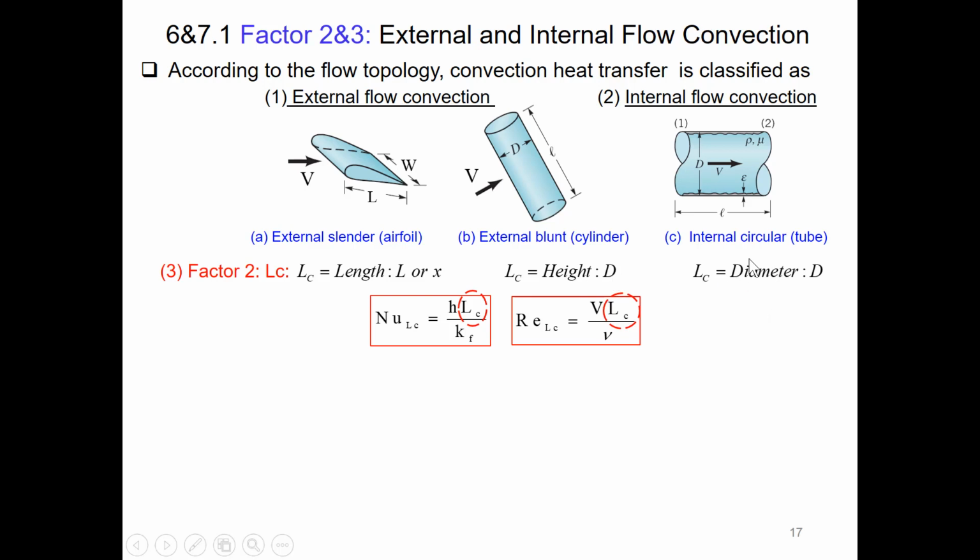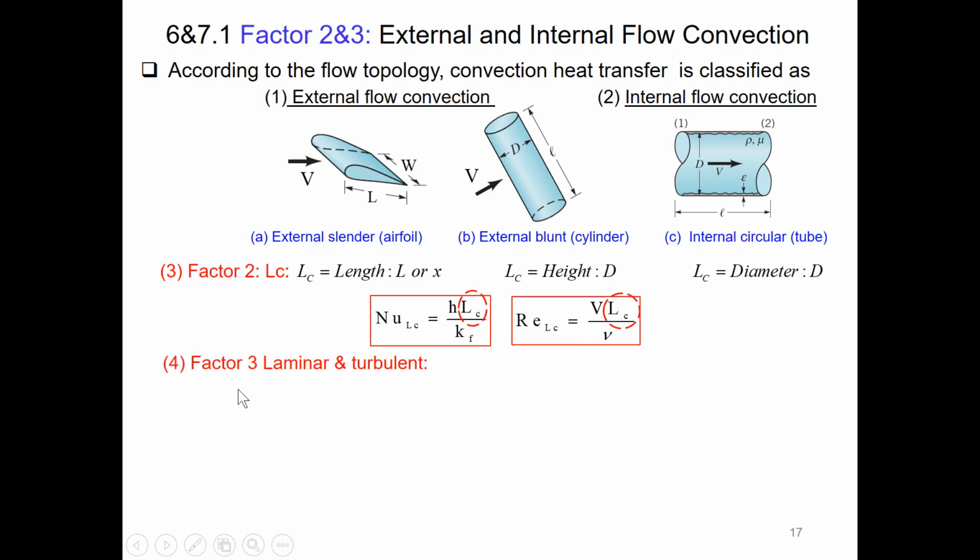For internal circular tube, we use the diameter. As a result, when you define Nusselt number and Reynolds number, you must use corresponding characteristic lengths LC for each flow topology.